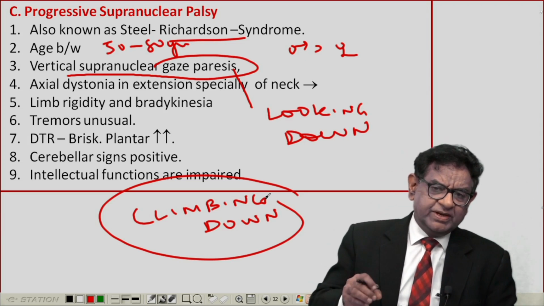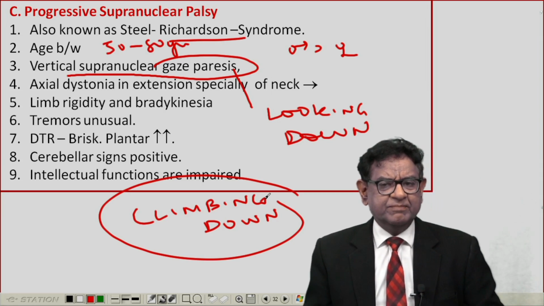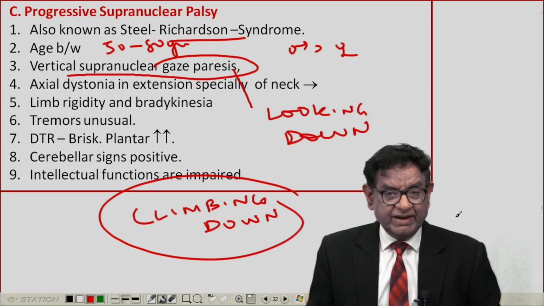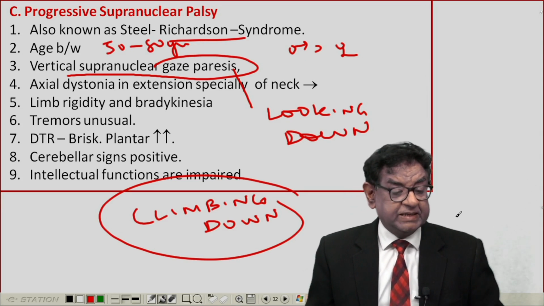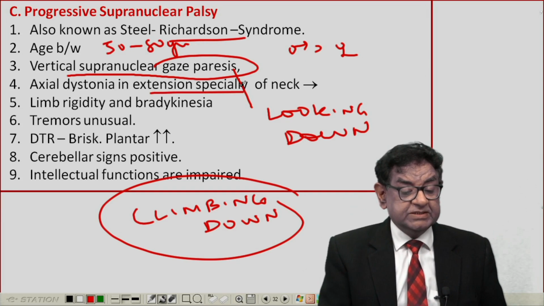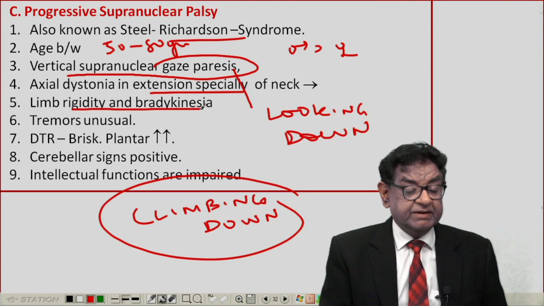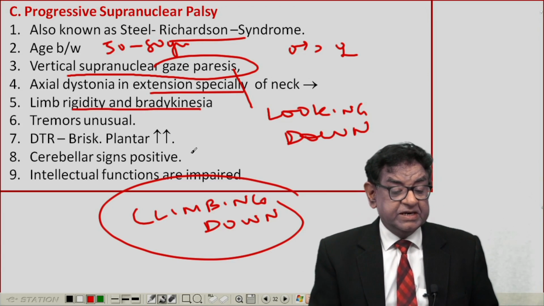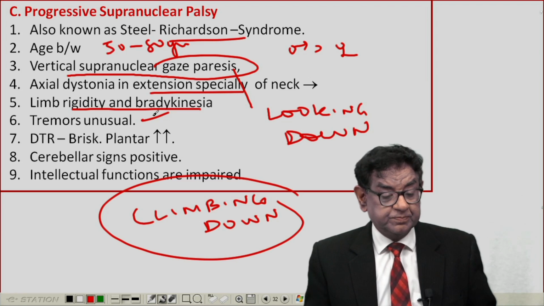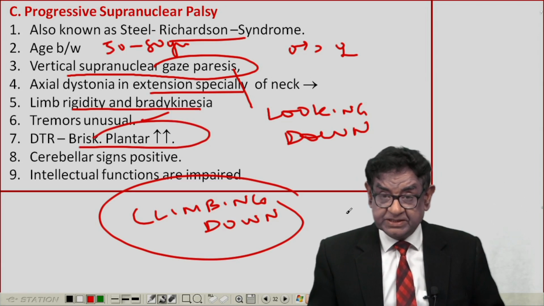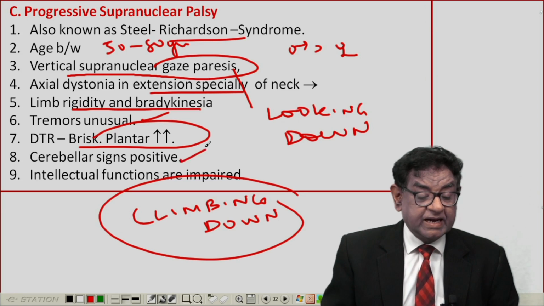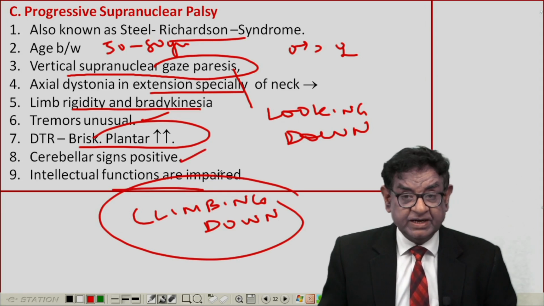So friends, whenever you get a question where an elderly man tends to fall with an extended posture, you think about progressive supranuclear palsy. So extension, limb rigidity and bradykinesia are the features. Tremor is unusual. And one more thing, brisk plantar reflex is there. Cerebral signs are positive and intellectual function is impaired.